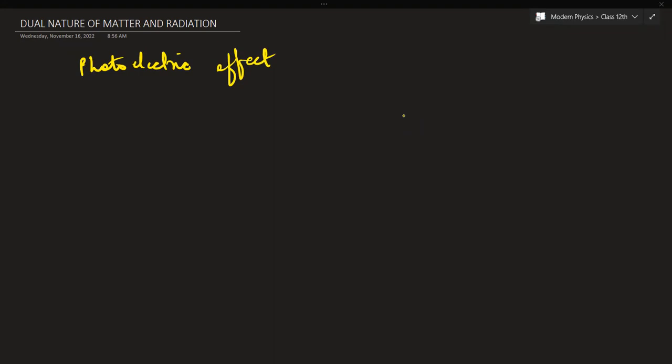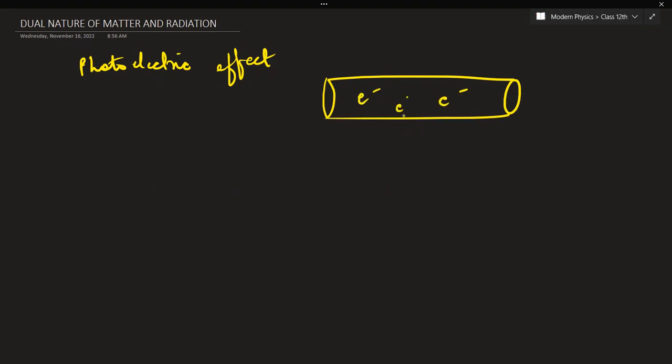So photoelectric effect. Now see class, free electrons in metals. Electrons in the outer shell of the atoms, these are loosely bound. I think I have discussed this with you in current electricity as well. You have electrons which are bound and you have some mobile electrons.